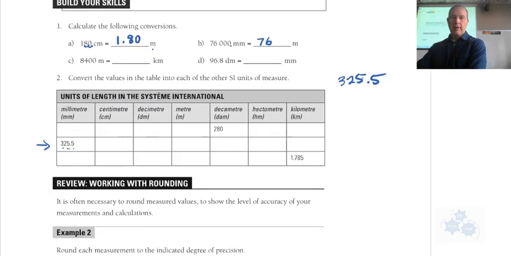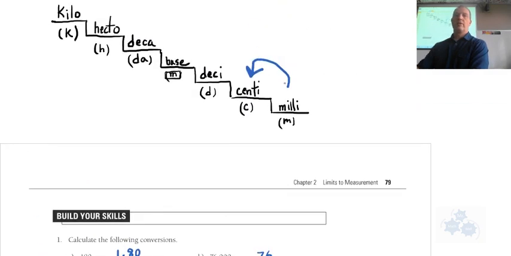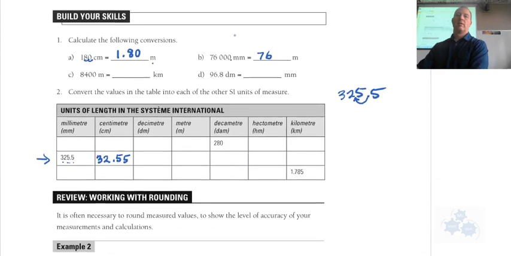So this number now becomes, the decimal place is now there. So it's 32.55. Does everyone see that? Does that make sense? Yeah? Okay. Decimeter. So now we're going to decimeters, so we have to go 1 more space to the left.